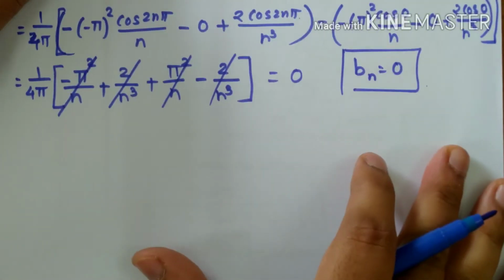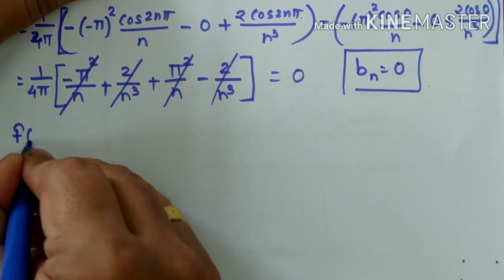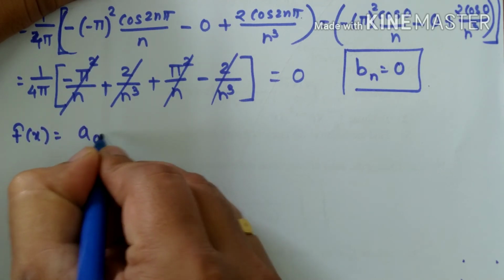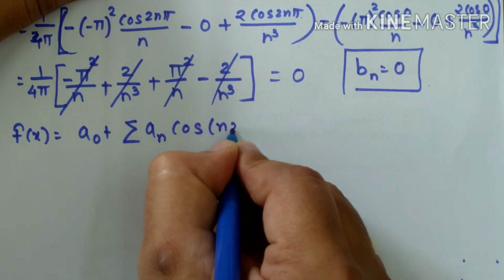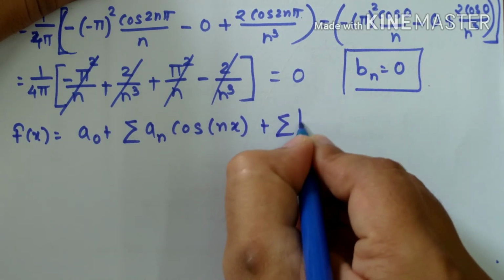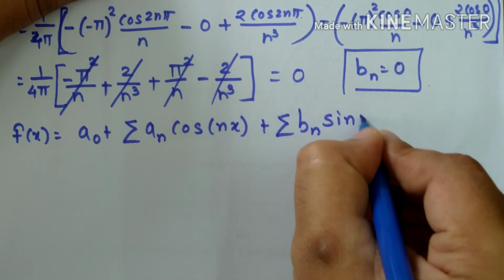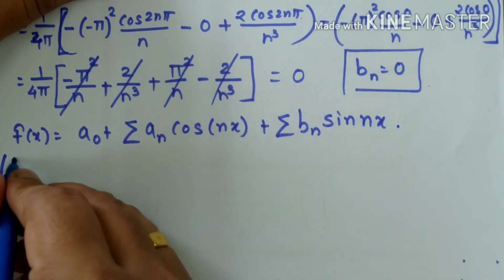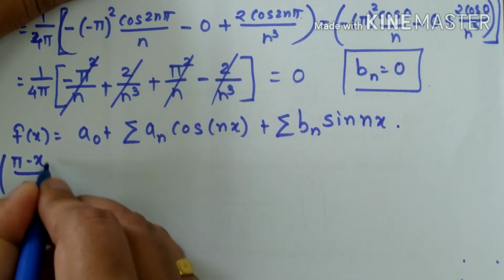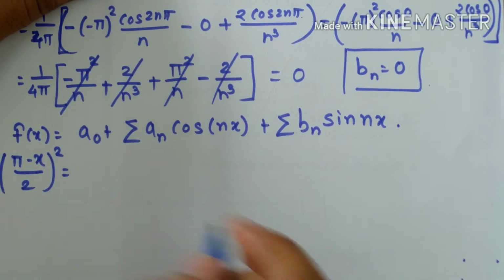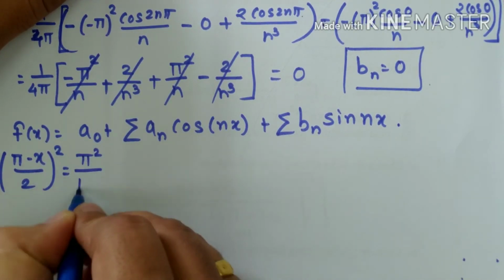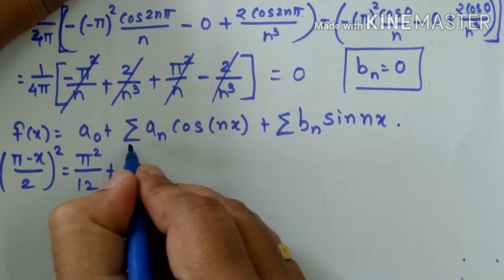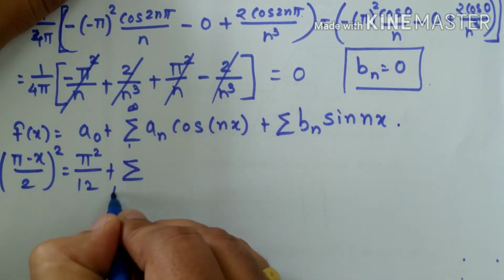Now what is the Fourier series expansion? F of x is equal to a naught plus summation an cos nx plus summation bn sin nx. Here f of x is pi minus x upon 2 bracket square. What is the value of a naught? It is pi square upon 12 plus summation n runs from 1 to infinity.